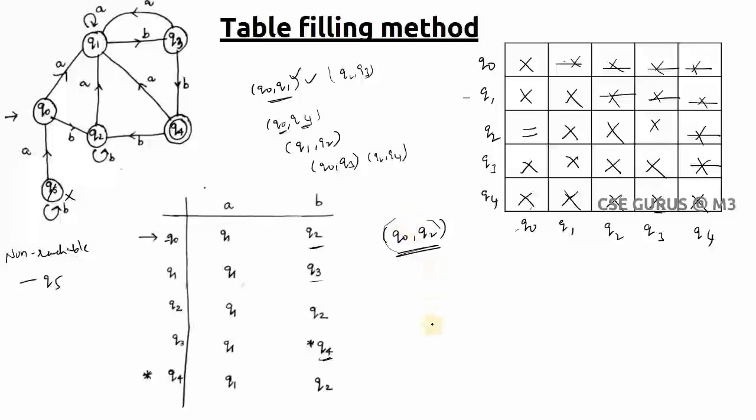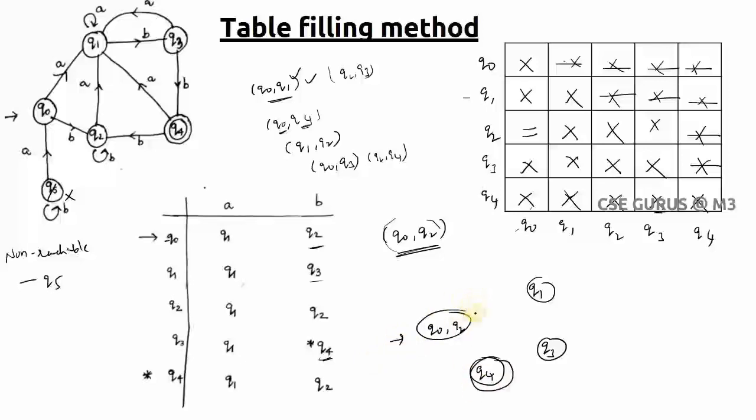Now I can get the resultant finite automata here, Q0 Q2 as one group, here Q1, and here Q3, this is Q4. Anyway Q5 is non-reachable, that's why we are not taking. Q4 is the final state.